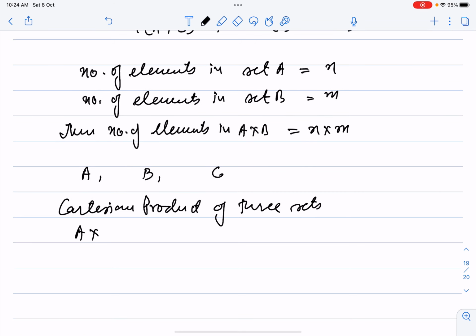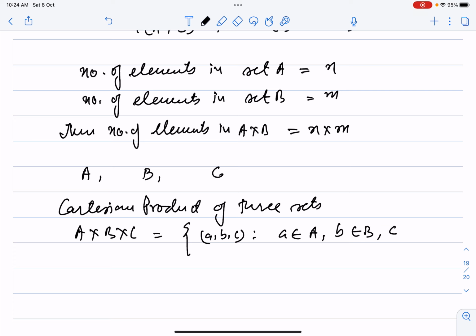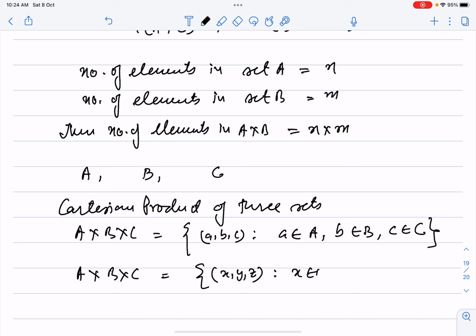So A cross B cross C is equal to, suppose I write like this, (a, b, c) such that a belongs to capital A, b belongs to capital B and c belongs to capital C, right? Or we can write it like this, A cross B cross C is equal to (x, y, z) such that x belongs to A, y belongs to B and z belongs to C.